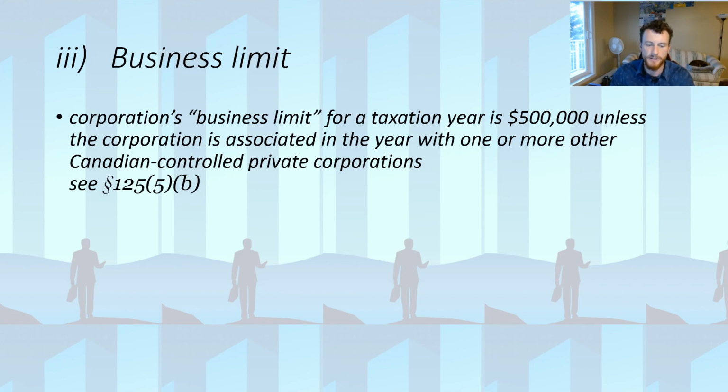Anything in excess of this has to be taxed at full rates and is not allowed the SBD. So there's not much really to say about the business limit. It's at 500,000.